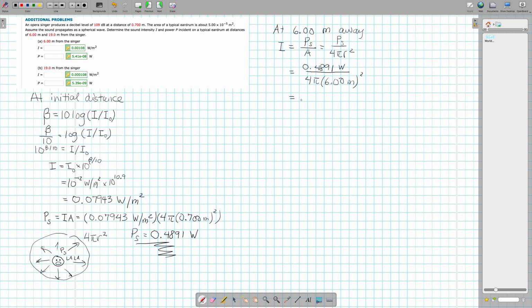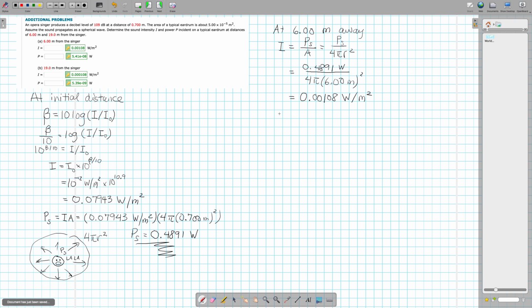Okay, and just like the problem tells us there, it is 0.00108 watts per square meter.